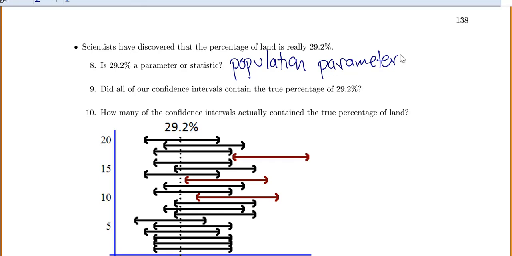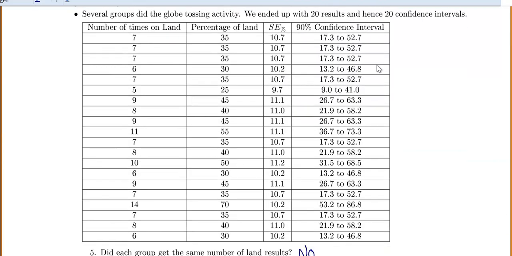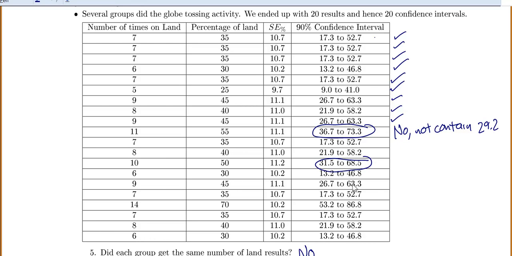Okay, and our next question is, did all of our confidence intervals contain the true value of 29.2%? Let's go back up and look at them again. So we're looking for 29.2. So yes, yes, yes, yes, yes, yes, yes, yes, no. Let's see, yes, yes, no. Yes, yes, yes, no. Yes, yes, yes.